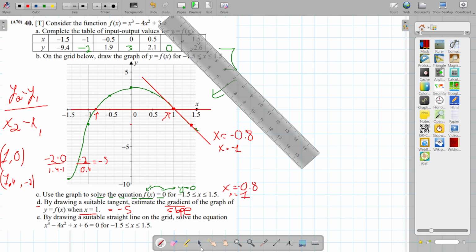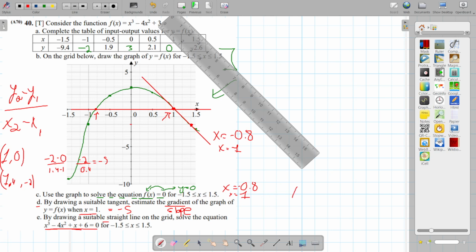Part E, by drawing a suitable tangent, solve the equation x cubed minus 4x squared plus x plus 6 equals 0 for x equals 1. Like I told you, when they don't tell you what line to draw or where to draw it, you have to cancel out.